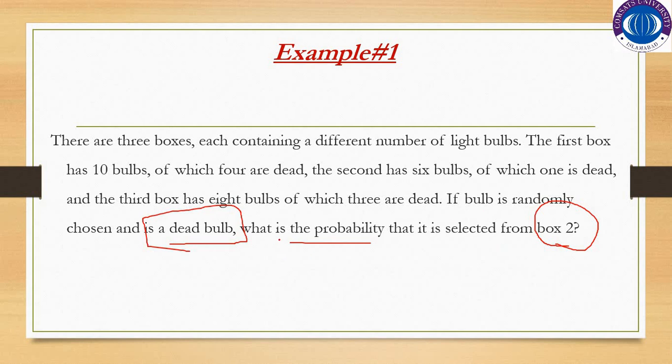So, you have to find the probability that the bulb is coming from box 2, but the information has already given us that the bulb is the dead bulb. We have to find this probability given that the bulb is the dead bulb, because this information is already given.